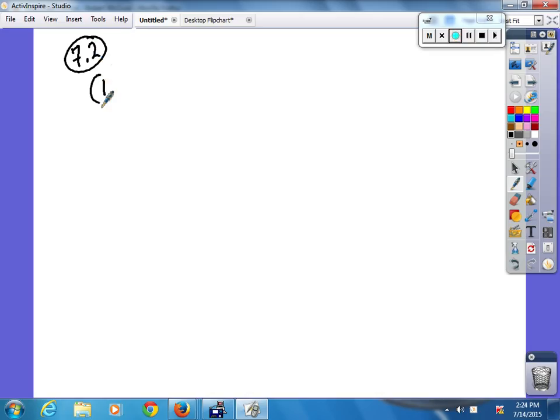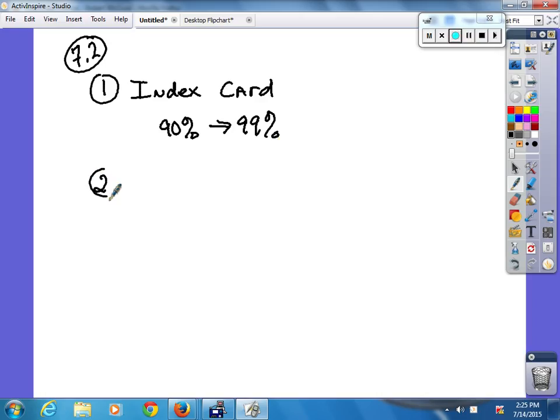Well, one, you should have an index card from 90% to 99%, showing the confidence intervals, the confidence level, alpha divided by 2, and then your z-score at alpha divided by 2. You should know your formulas.